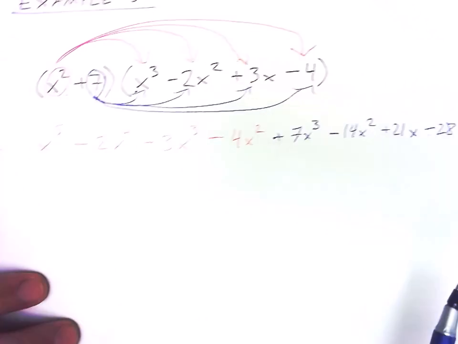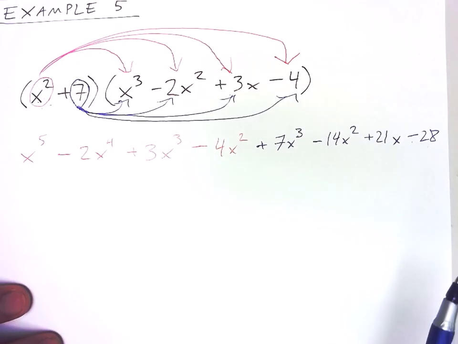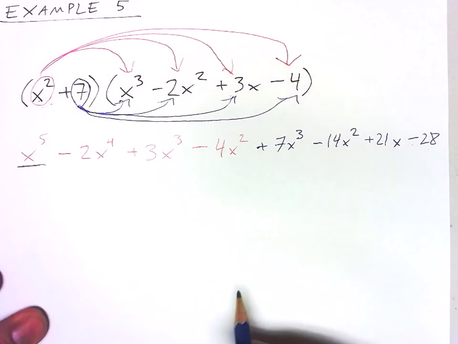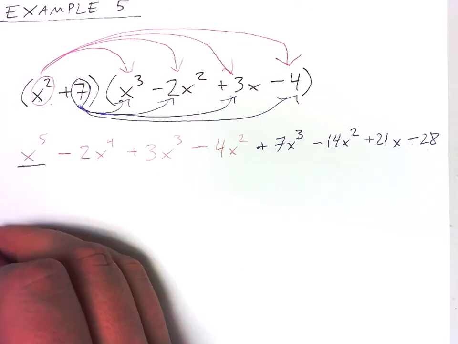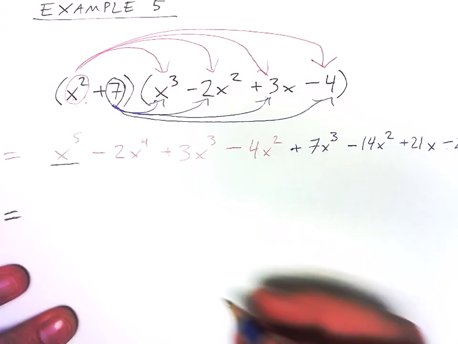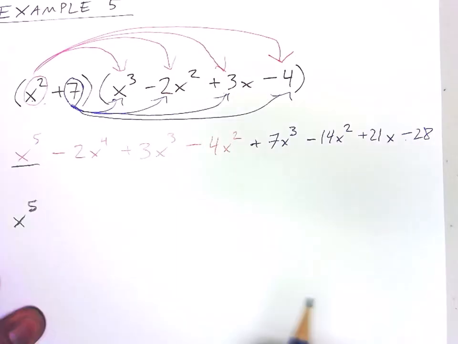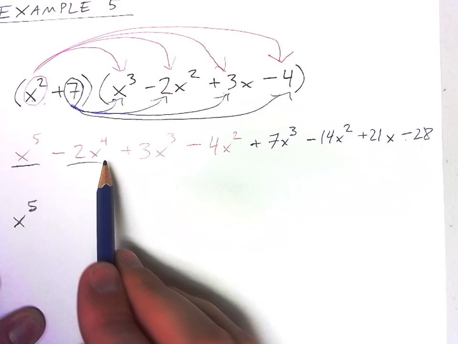Okay, if you want, again, you could write that as plus negative 28 there, but same thing. So then I'll just add the like terms together. So x to the 5th, there's only one x to the 5th term here, so I'll just write x to the 5th.